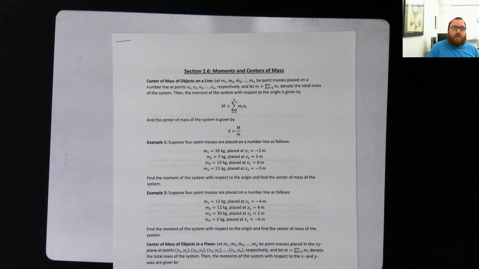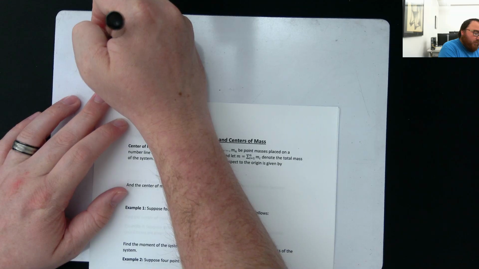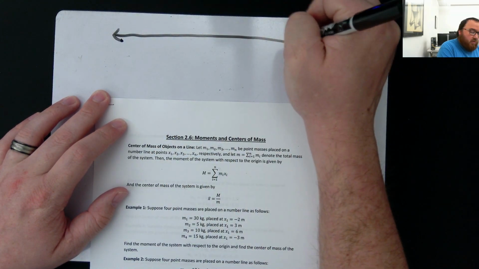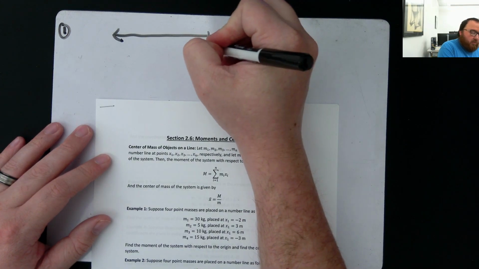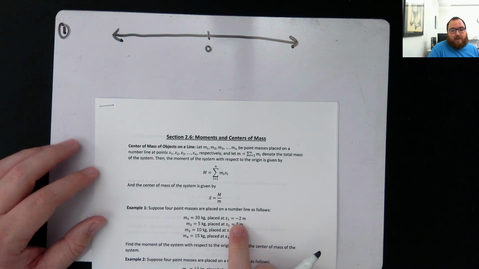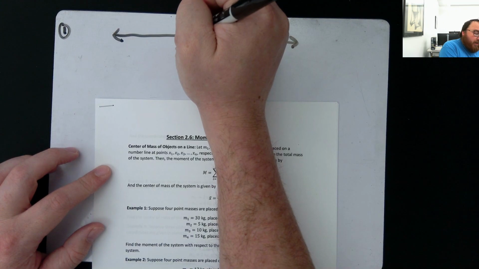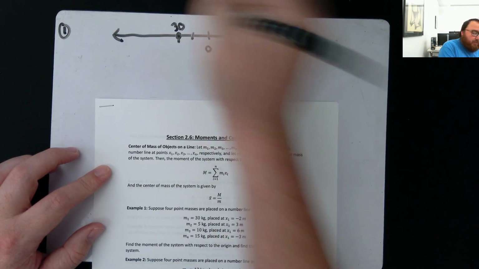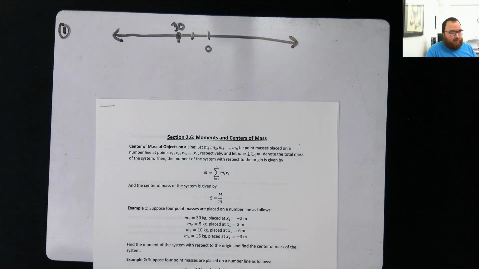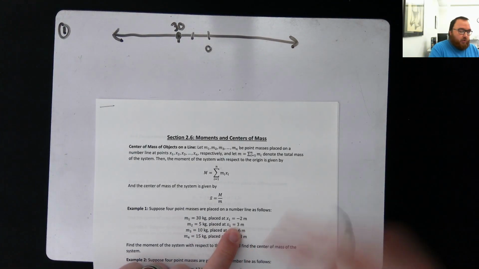So once again, on the number line, this is example number 1. Let's put 0 here. My first point is placed at negative 2, so negative 2 is right here, and that mass is 30 kilograms. My next one is placed at x2 equals 3.